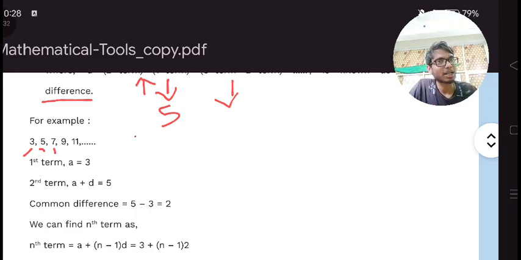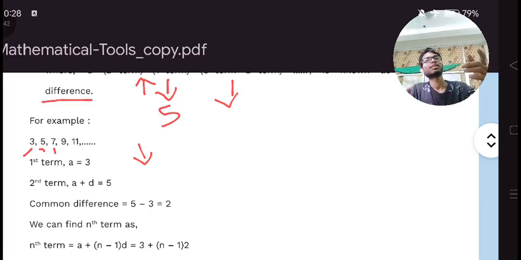What if a question asked to you, what is that number which is at 25th place? Then what will you do? There are 5 numbers given to you, and the question is asking what is that number at 25th place.